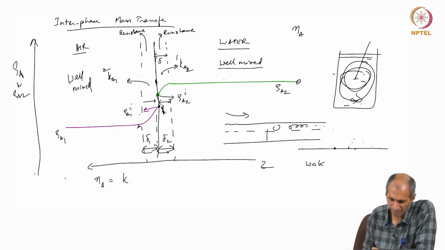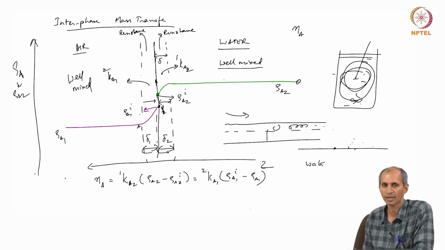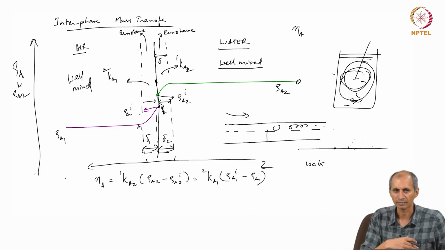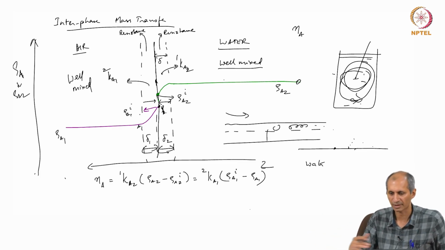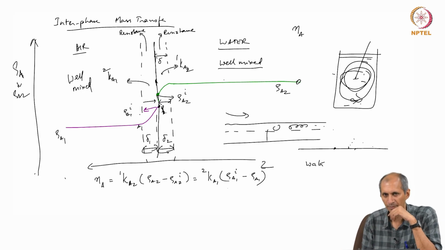What we are saying is Ka21 into rho A2 minus rho A2I equals Ka12 into rho A1I minus rho A1. If the overall gradient is in this direction, mass transfer is happening from the water towards the air. If we invoke the steady state assumption, this is true.